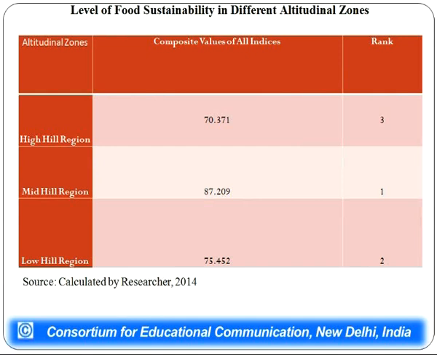these can also support. Now you can see here the composite value of all indices for different altitude zones. Middle hilly region is very important, ranking 1, followed by low hilly region second, and then high hilly region third, because cereal production is lacking in the high hilly region.